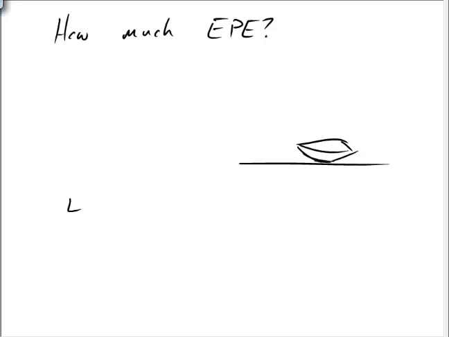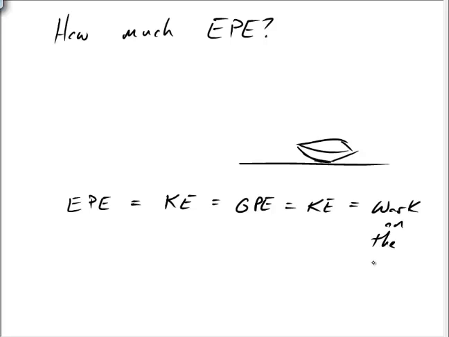So according to energy conservation, elastic potential energy is converted into kinetic energy, which is converted into gravitational potential, back into kinetic, and then it does work on the table. Notice these equal signs.